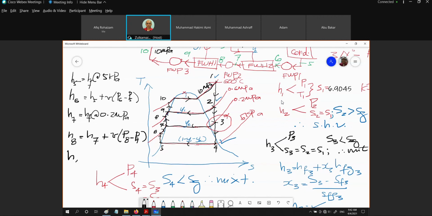H9 equal to HF at P9, which is 0.6 megapascal. Okay.